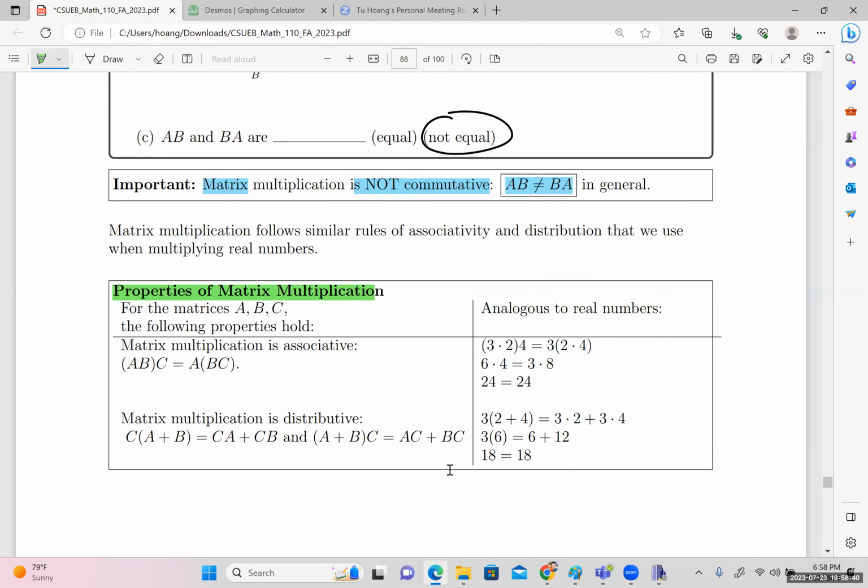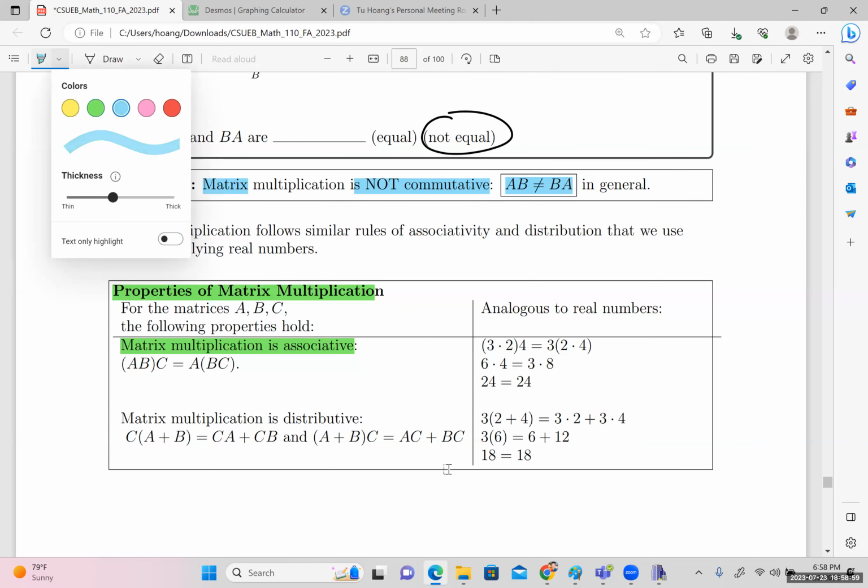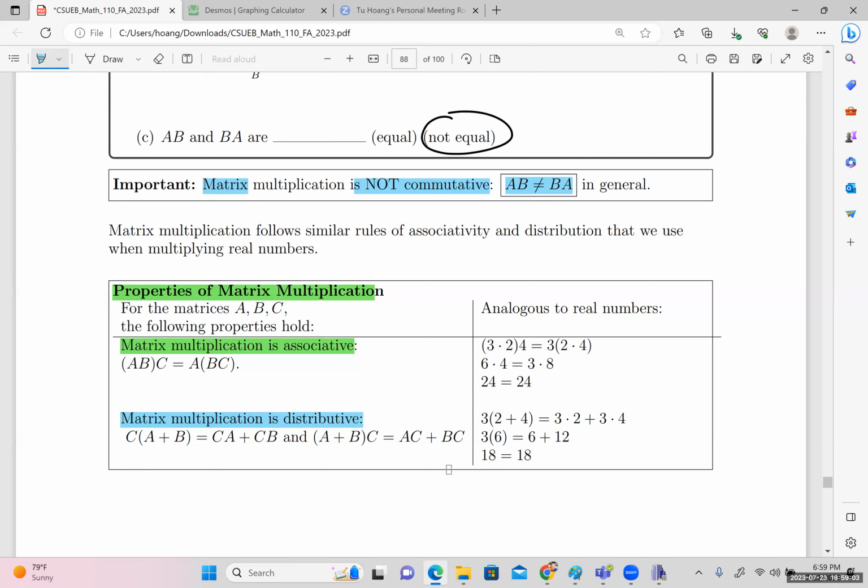Matrix multiplication is associative: the product of AB and then C can be written as A times the product of B and C. Matrix multiplication is also distributive, so when C is multiplied by the sum of two matrices A plus B, you can distribute it to be C times A plus C times B. And you can do A plus B multiplied by C, distributing it to be A times C plus B times C.